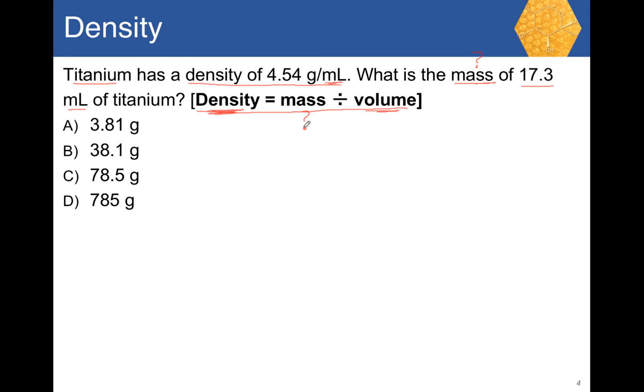So what you need to do is to get your calculator, get a piece of paper, and set up this equation and plug in these known values and determine what is the mass. So you may want to pause the video at this point and do that calculation and determine the best answer here. The next slide has the answer.